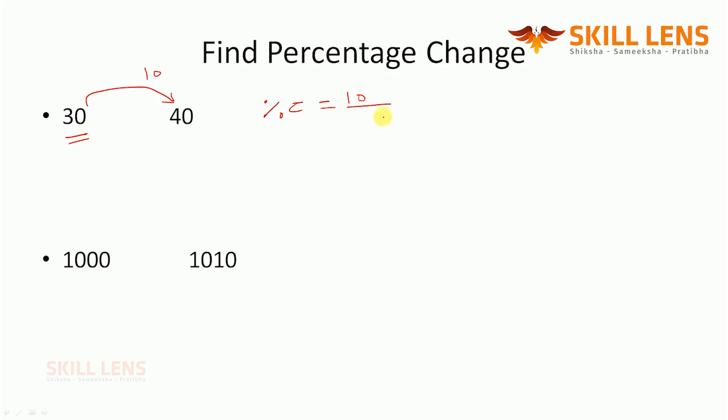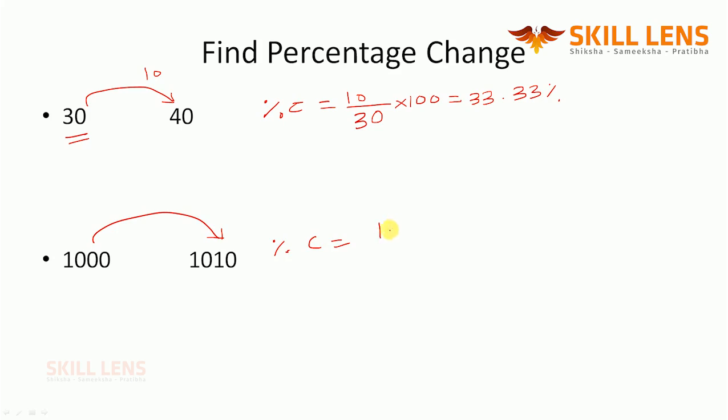Always the denominator is the initial value. What is the initial value here? 30 is going to be the initial value into 100. I can say my change is what? 33.33% is the change.